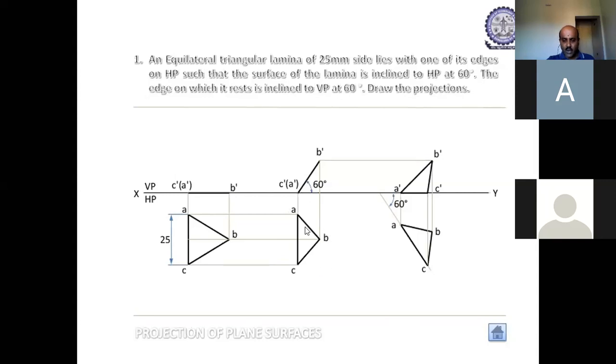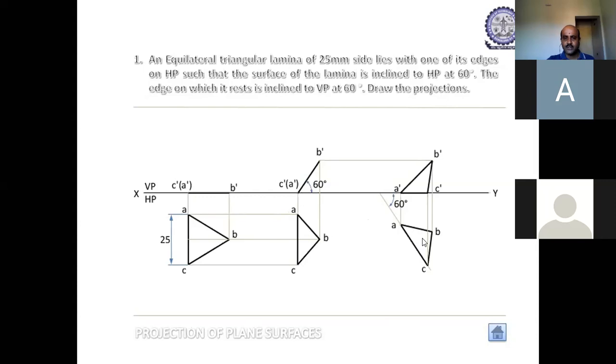This top view I have just shifted here. So what you have to do is draw a 60-degree line with respect to VP, then mark A on this line, take a compass and measure AC, and with A as a center, you cut. The simple thing is you are just shifting this triangle over here. That's it.